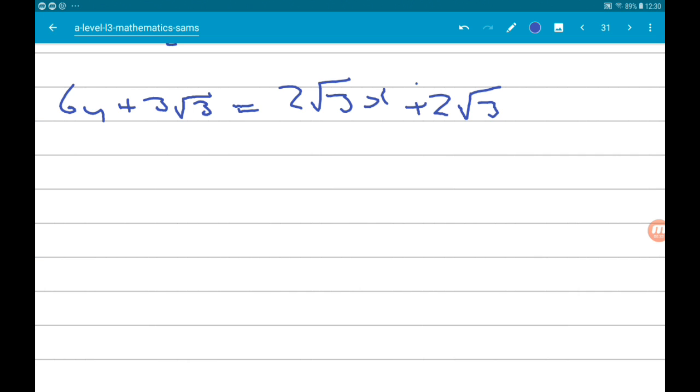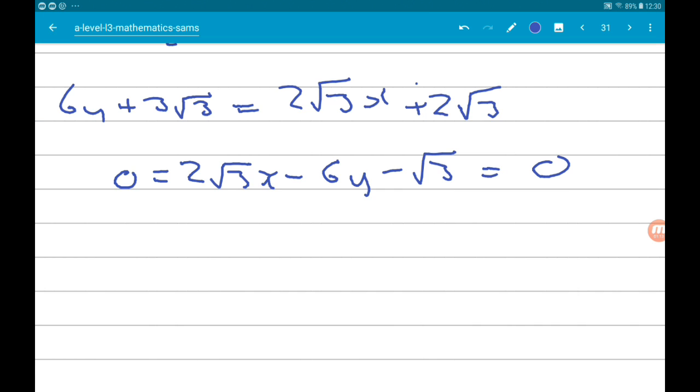So, we're going to have 0 is equal to 2 root 3x minus 6y, and then we got 2 root 3 minus 3 root 3, so that's minus root 3. Now, we can also stick an equals 0 on the end there.